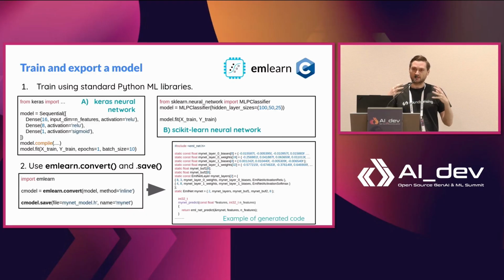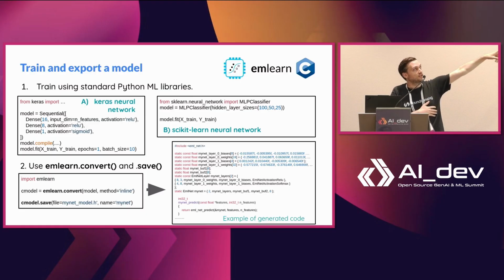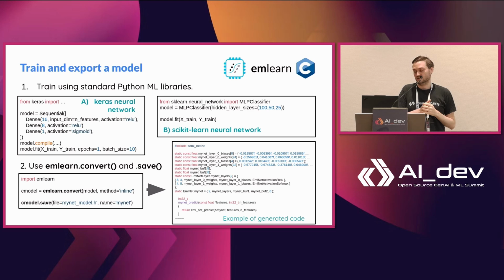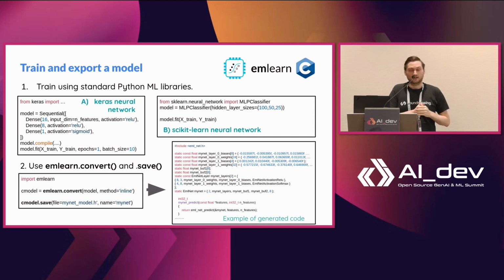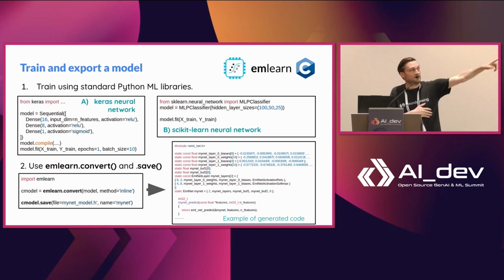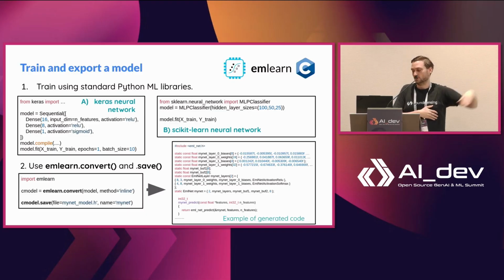Once you have a trained model that you're satisfied with in terms of performance, then you use the emlearn.convert function and the save function of that. That will then output a generated C header file, which you can include in your project. This is an example from a simple neural network, and it's similar for the other types of models.